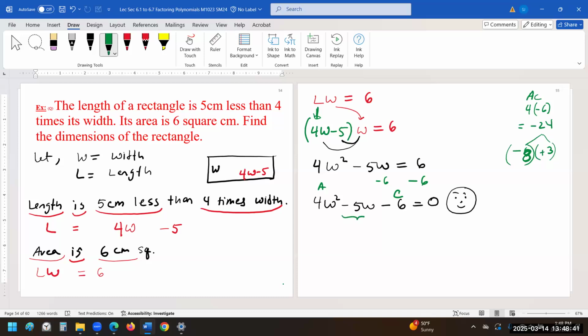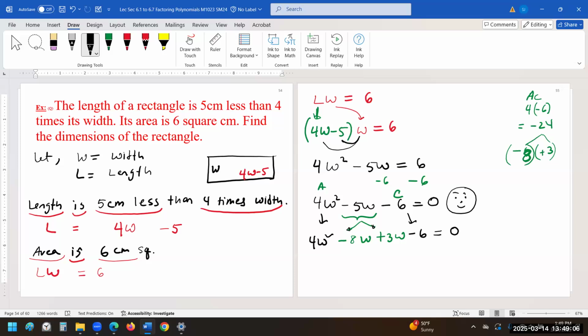So AC is 4 times -6, which is -24. So you're using the AC method. What do you do?